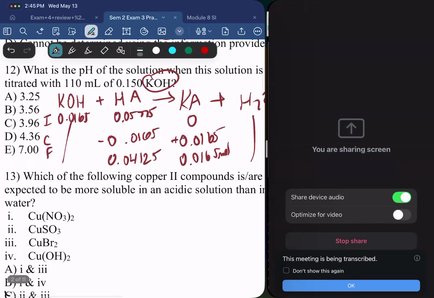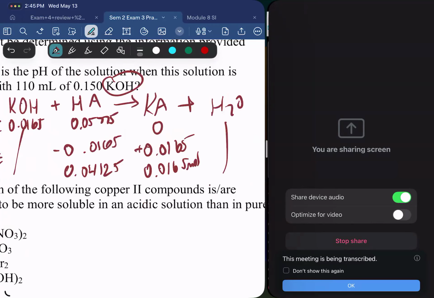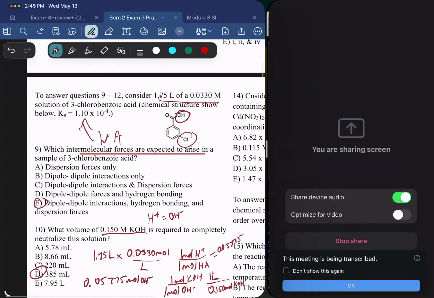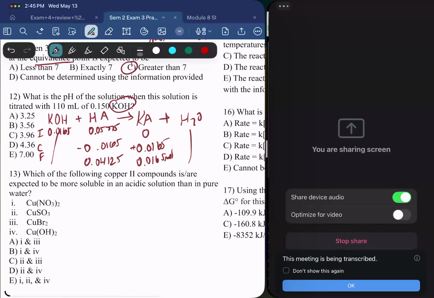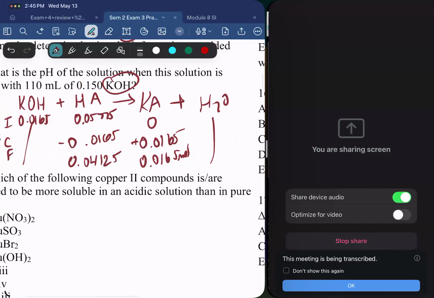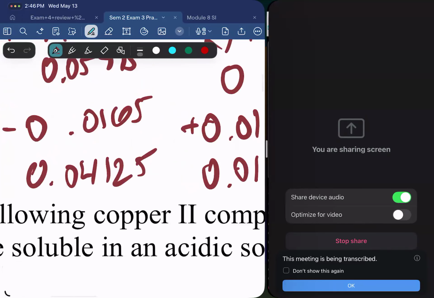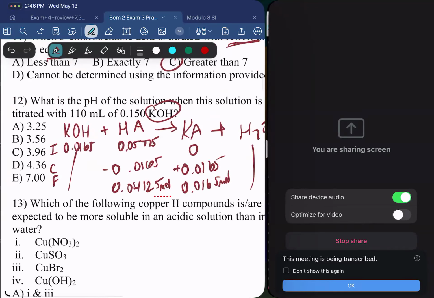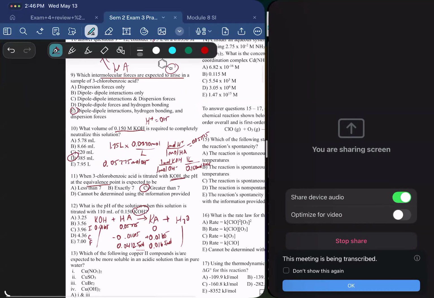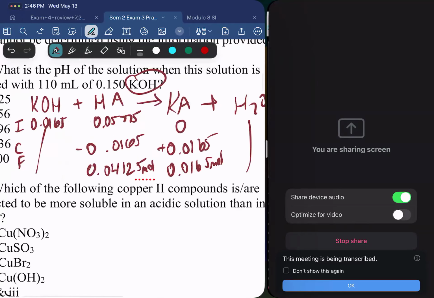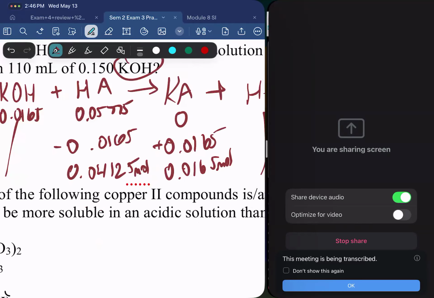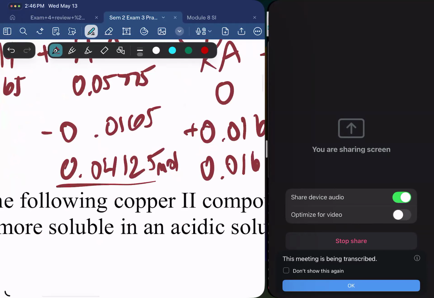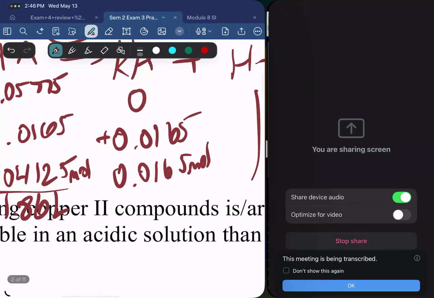So that's left over. Now we have weak acid, its conjugate base, and we have the Ka value given up there. And so what we have to do here is find the concentration of HA and A minus, and then we can plug it into Henderson-Hasselbalch to figure out the pH. So let's do that. 110 milliliters plus 1.75 liters, so we're going to have to divide this by 1.86 liters on both sides.